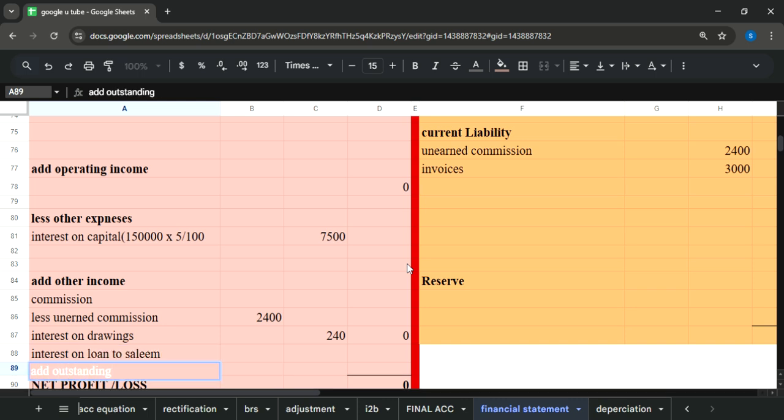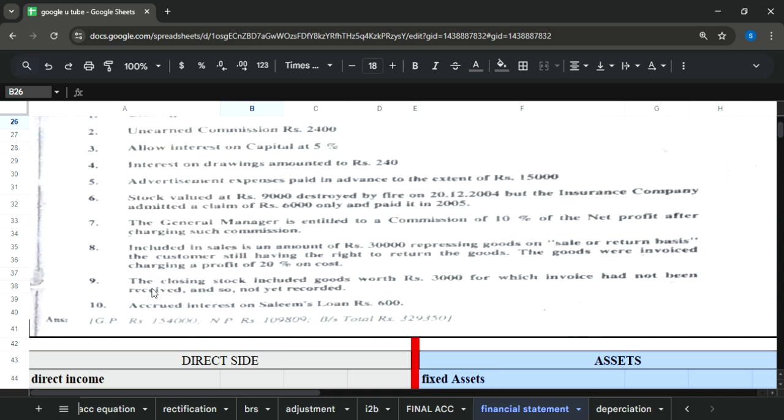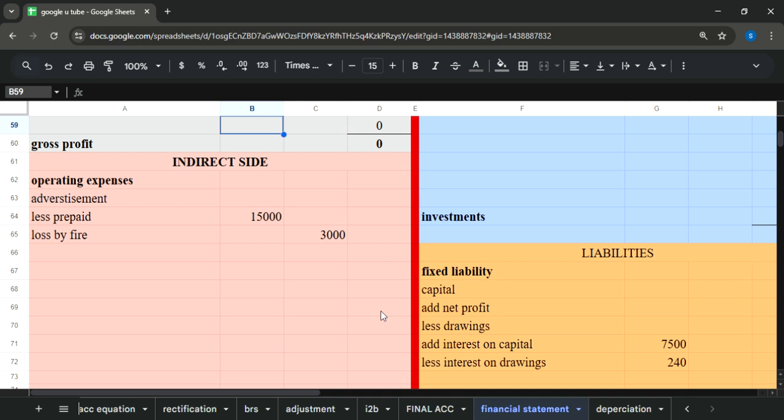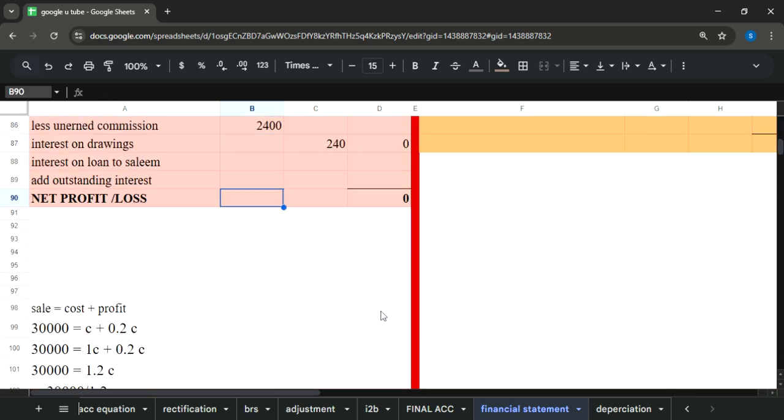outstanding interest, and the adjustment is talking about this outstanding. Look, accrued means outstanding 600. So just write down 600 as the amount of interest which is still receivable. If you want to write the exact wording used in the book, that is accrued.